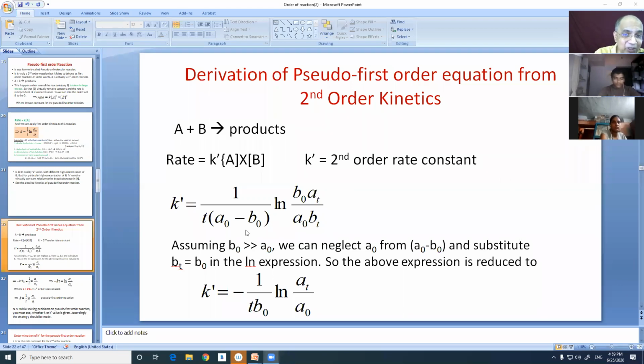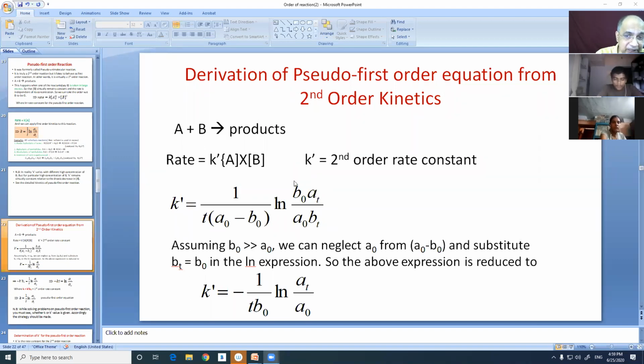Because the concentration of B is taken in large excess compared to A, B0 is much greater than A0, so we can neglect A0 in this parenthesis. This is 100, this is 0.5, so you can neglect it just to make an approximation.